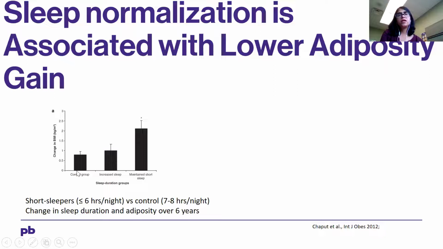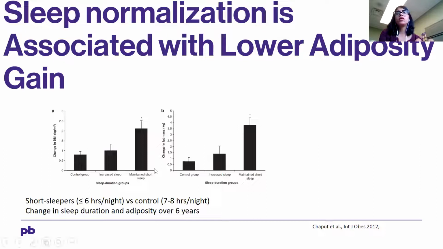Here, this is the data from the people in the control group who had good sleep levels to begin with. They found that there was an increase in BMI in all 3 groups, but the increase in BMI was much more prominent in individuals who maintained the short sleep.